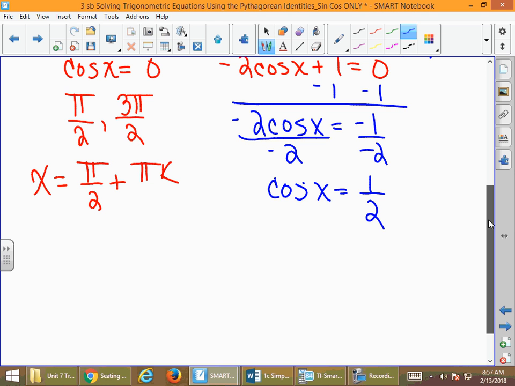And again, using that hand mnemonic, for lack of better words, is helpful. And if we fold in our ring finger, we get 1 finger above. So that's going to be pi over 3. Where else is cosine positive on our unit circle? What quadrant? 4th quadrant.